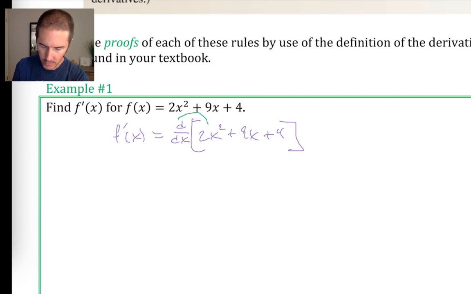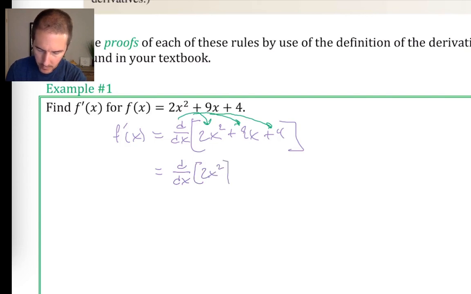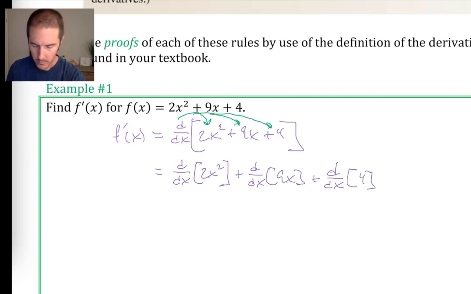So I'm going to distribute the derivative to here, and I'll distribute it to here, and I'll distribute it to here, to all three of my terms. This equals then d over dx of 2x squared plus d over dx of 9x plus the first derivative of our constant value 4.